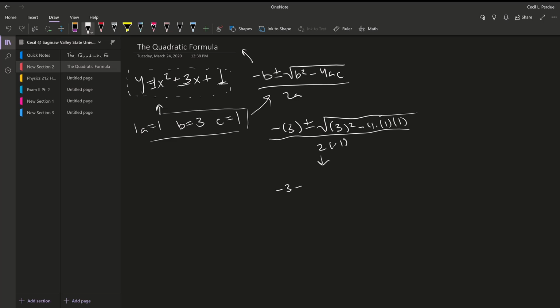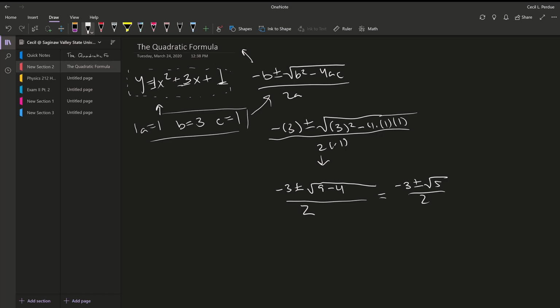So we're going to have negative 3 plus or minus the square root of 3 squared, which is 9, minus 4 times 1, which is just 4. And then all of that over just 2, because 2 times 1 is equal to 2. So if we simplify that a little more, we get negative 3 plus or minus the square root of 5 over 2.